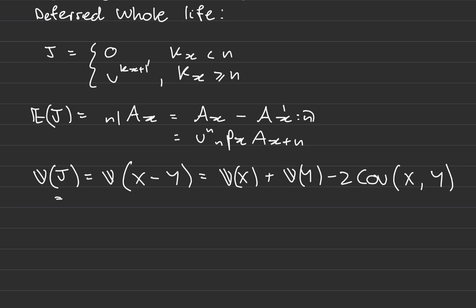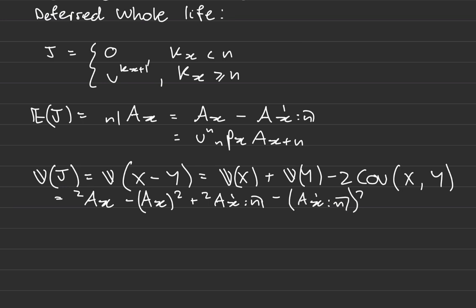So that's 2ax minus ax squared. And the variance of Y is going to be the variance of the present value random variable that gave this expectation, and that's going to be plus 2ax n minus ax term assurance n squared.